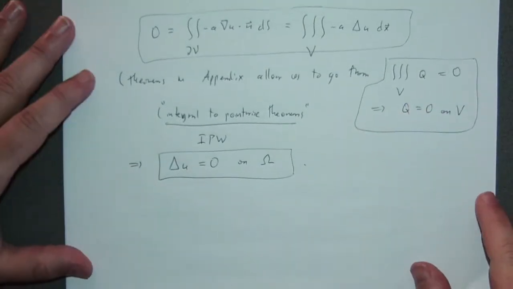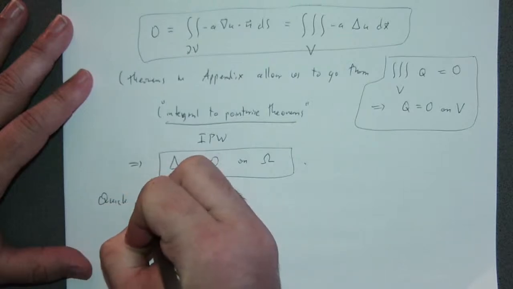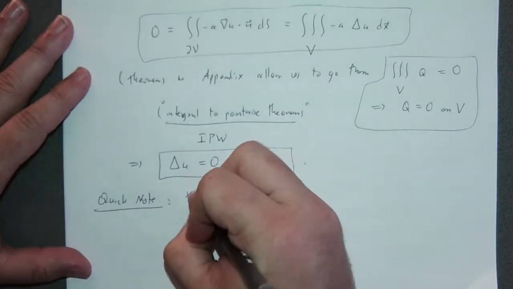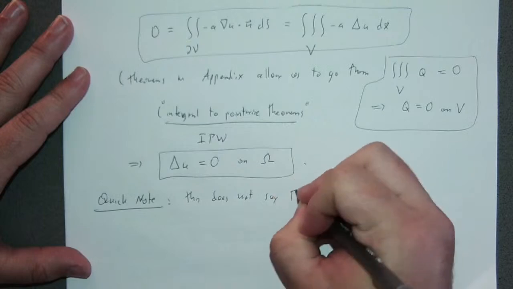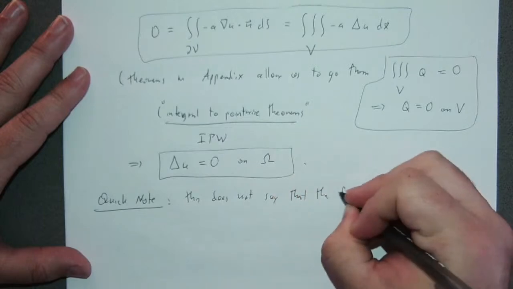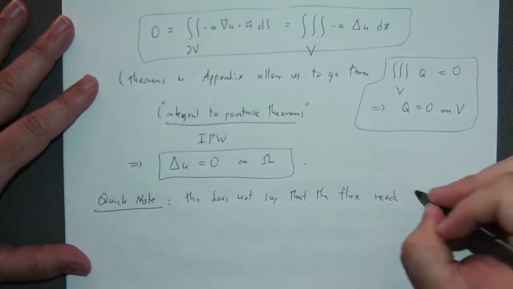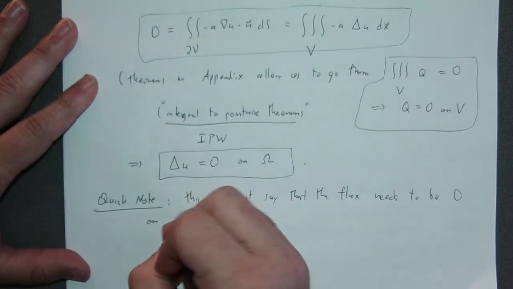It ends our derivation. Quick note. This does not say that the flux, this F, right, needs to be 0 on omega.